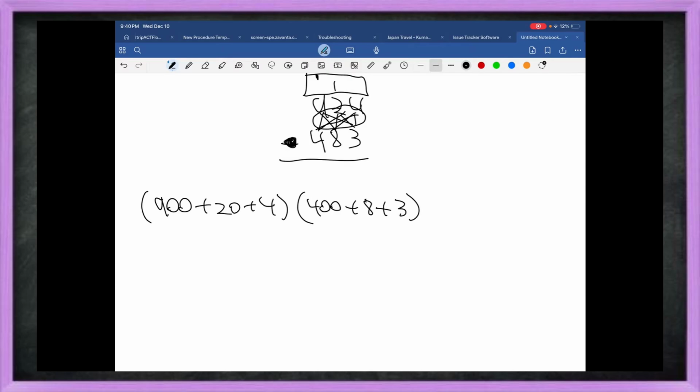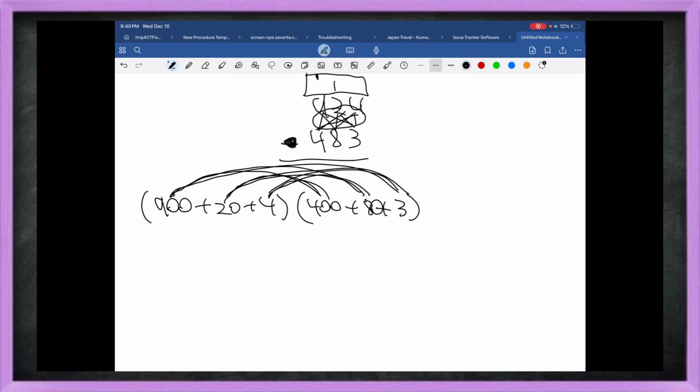Even though it's a different order, normally we do first in, last out. 900 times 400, 900 times 80, 900 times 3. We'd move on to 20 times 400, 20 times 80, 20 times 3, and 4 times 400, 4 times 80, 4 times 3. And then we'd have a bunch of numbers down here.